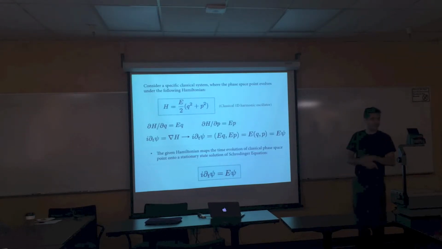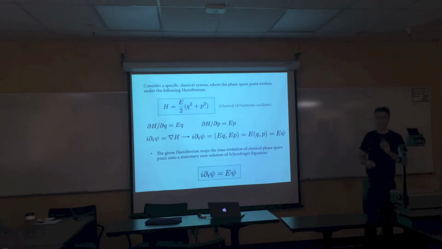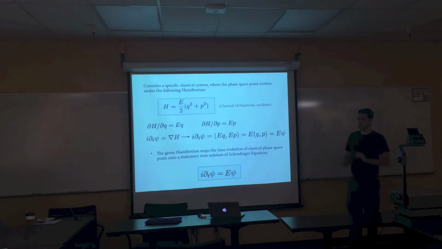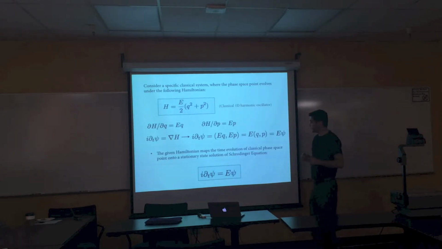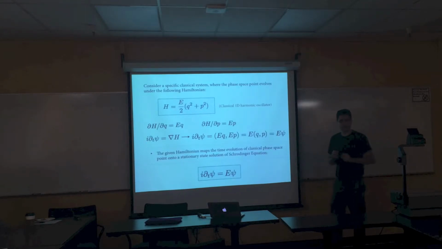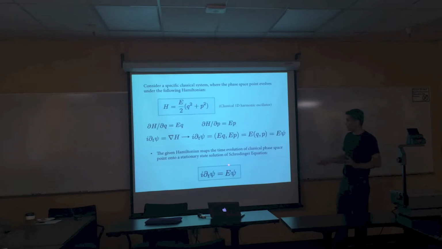But ψ is still q plus ip. I have not identified ψ with any kind of wave function or any quantity outside of classical mechanics. Right? So far it's just mathematics. Any questions? And of course I took a particular Hamiltonian here to reproduce this.